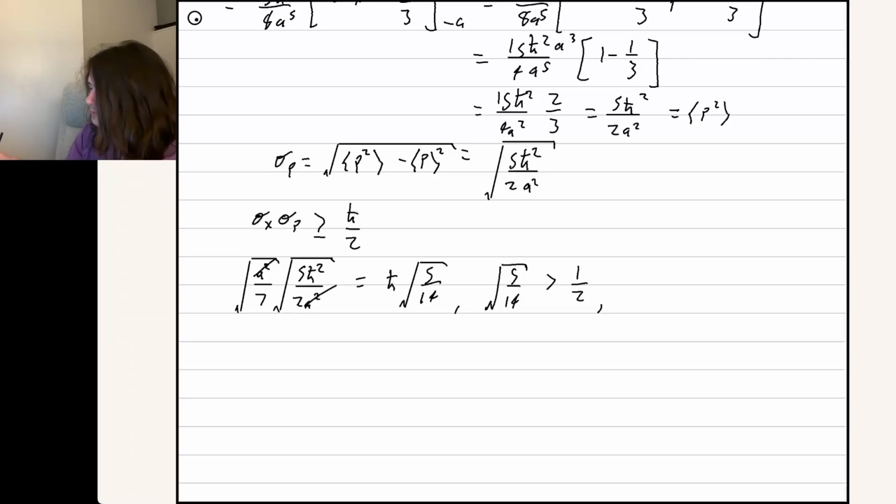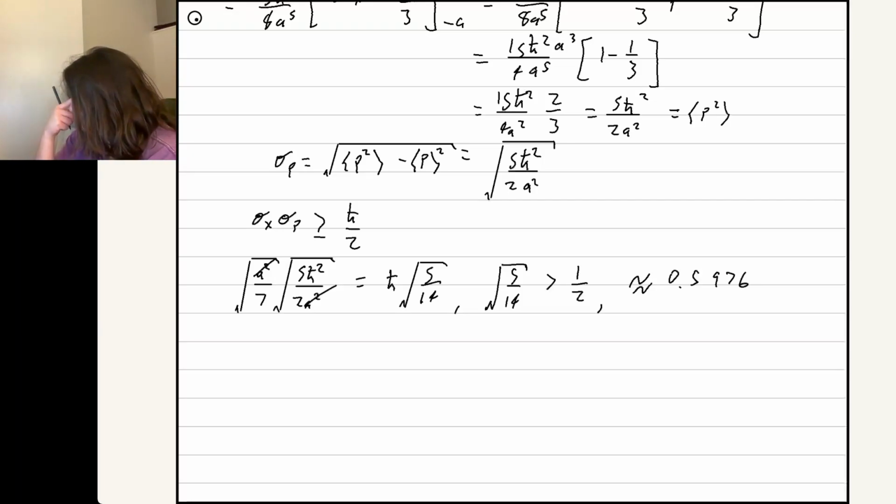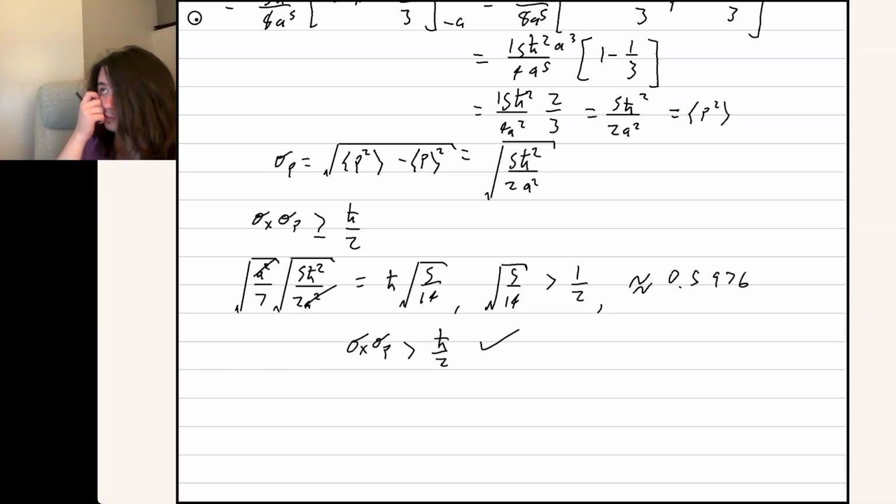It's exactly equal to about 0.5976, which is greater than 1/2. And so our standard deviations multiplied together are greater than h bar over 2. So Heisenberg's uncertainty principle is satisfied.